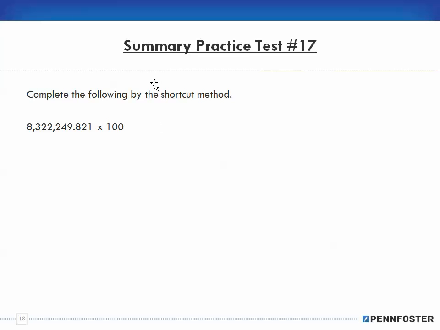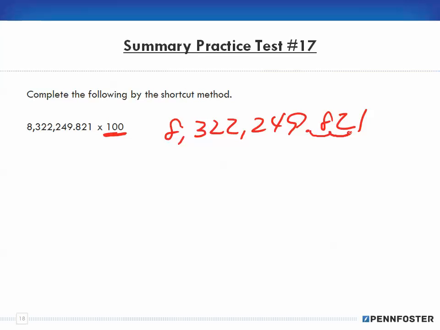Number 17. Again, complete the following by the shortcut method. 8,322,249.821. Since I'm multiplying by 100, that's 2 positions. So I end up with, let's see here, 83,2,2,2,4,9.